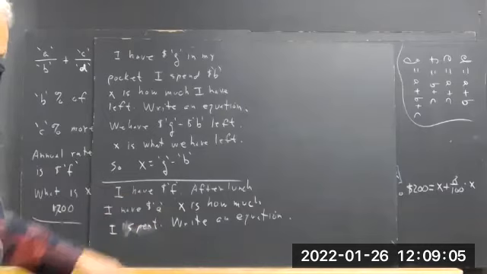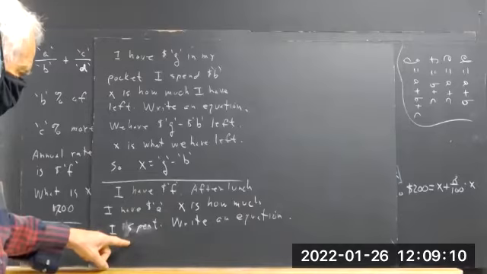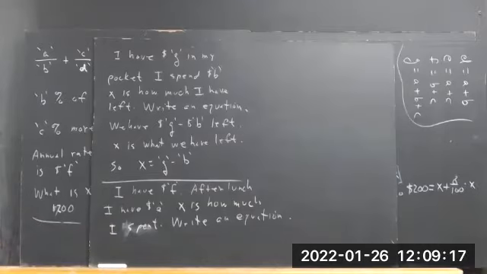So I have F dollars. After lunch, I have A dollars. X is how much I spent. Write an equation expressing the situation.